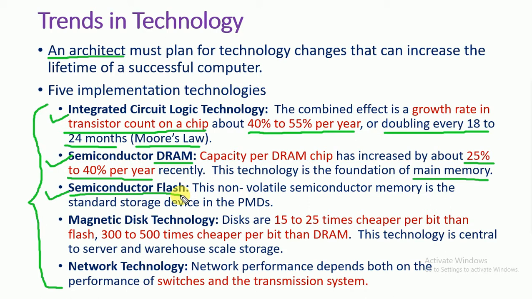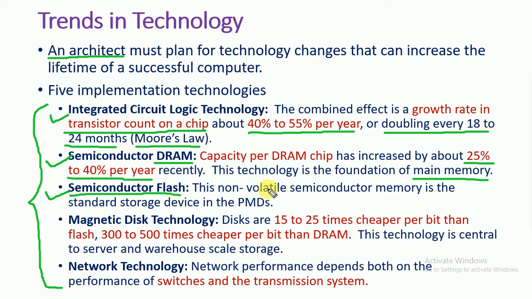Without adding any external memory card, we have internal memory available, which is used as a secondary memory in our system, also made of a semiconductor device called semiconductor flash.